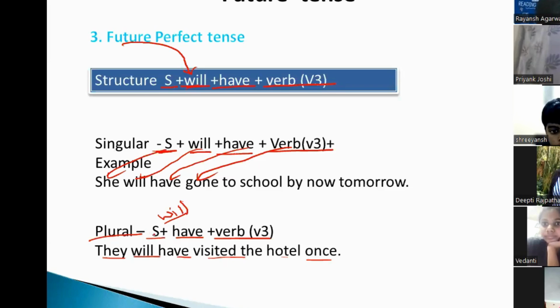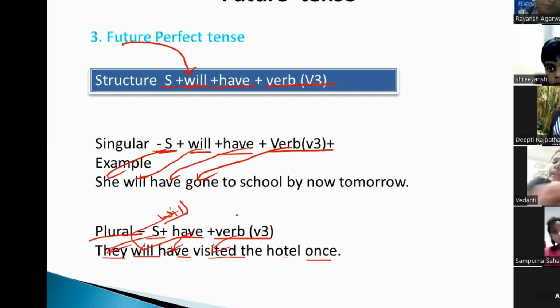They is our subject, will is our helping verb representing the future tense, have is our helping verb representing the perfect tense, and visited is our third form of verb. Clear, everybody? Yes, ma'am. So this is about the future tense.